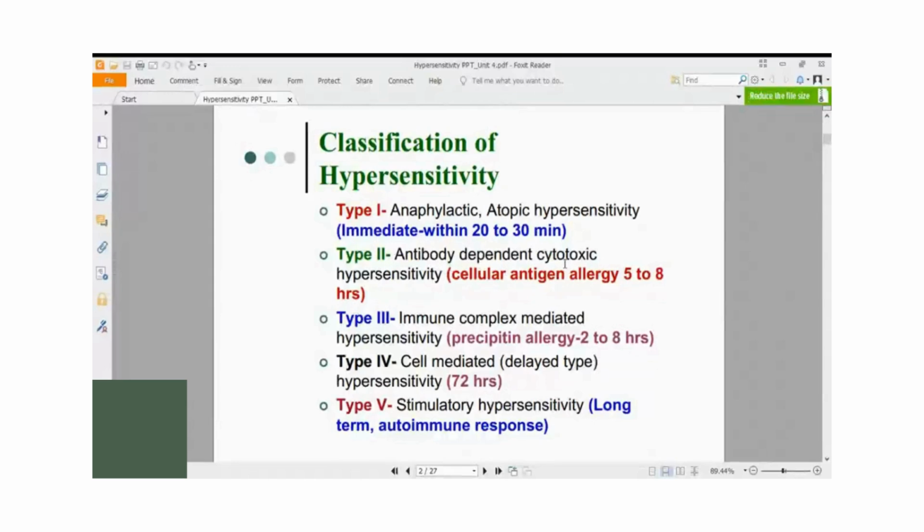The antibody dependent cytotoxicity, I've already explained to you, is called the ADCC response, where cells like macrophages, NK cells, eosinophils, and other important cells will cause the antibody bridge with the cell which is having the antigen and result in lysis of that cell.